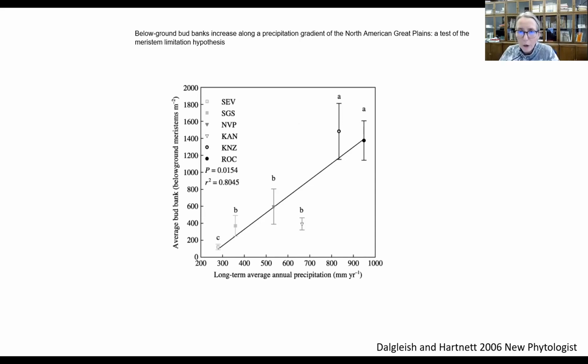But when we are going to drier conditions, the cover of perennial plants is decreasing and annual plants are taking over. And they are relying on seed bank, not on bud bank. Perennial plants are relying on these rhizomes, tubers, and root crowns to regenerate each spring.